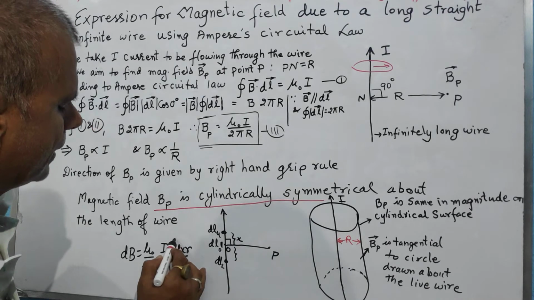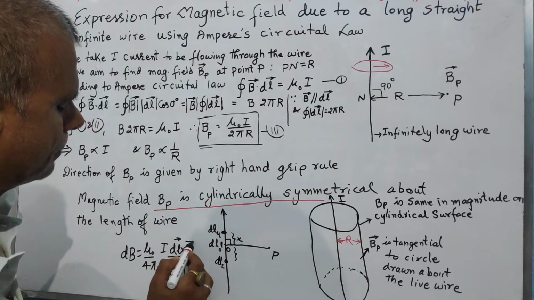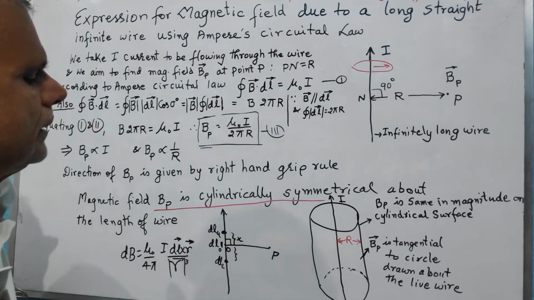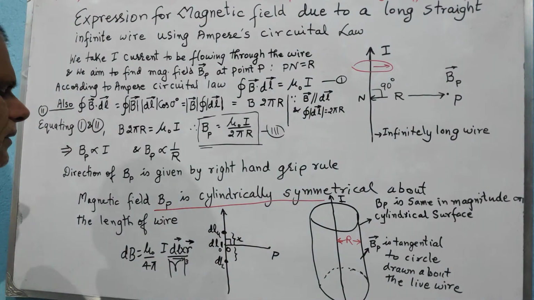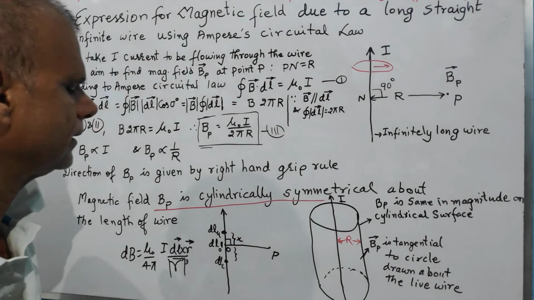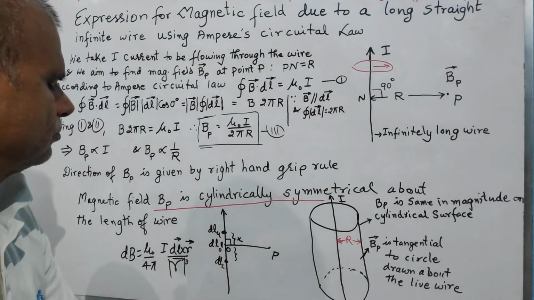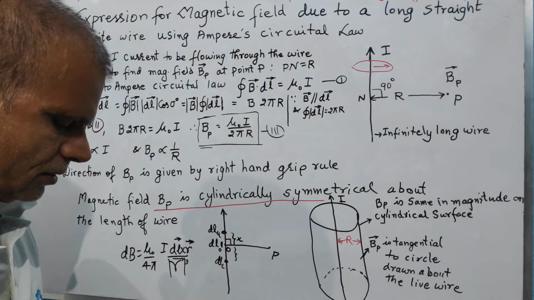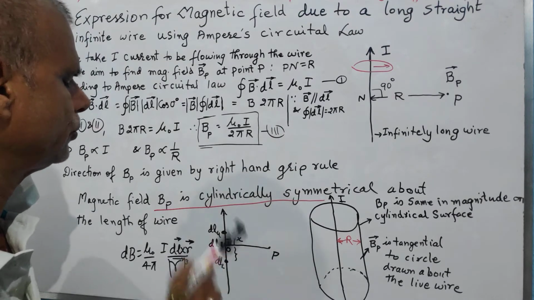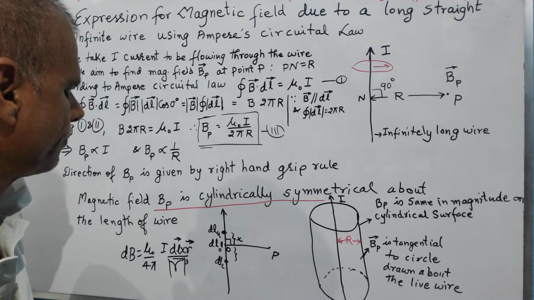If you expand this and write it in terms of sin theta, you will see the angle theta will dictate the magnitude of magnetic field. So that way the magnitude of magnetic field is decreased.